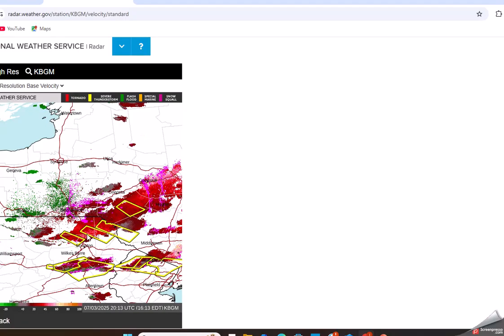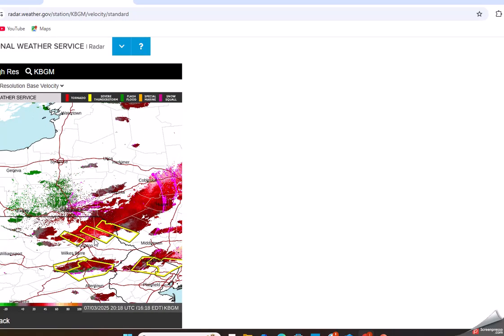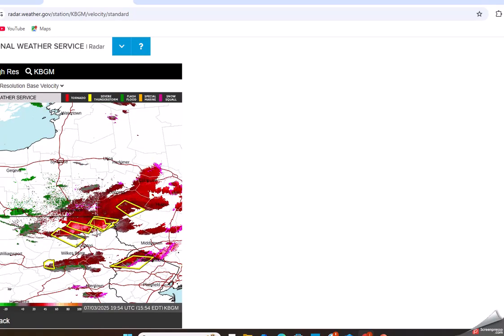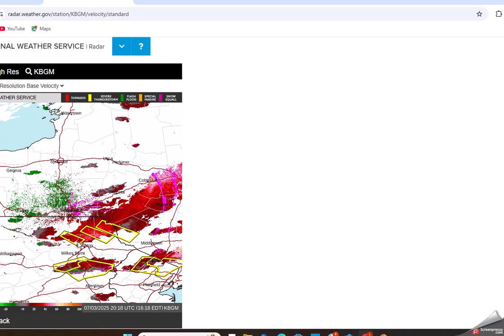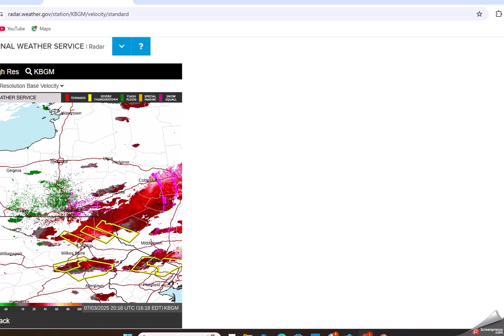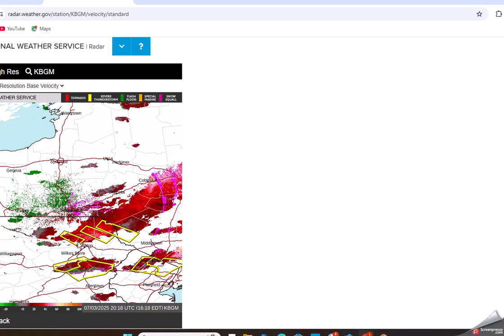So that says that there's probably 40 to 50, maybe even 60-mile-an-hour winds right along this line of thunderstorms. So with that, we're seeing that we have very strong winds we've just picked up. So these are all indications of a way we can use weather radar.